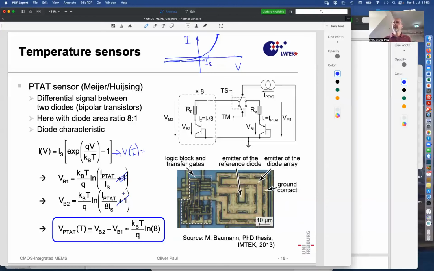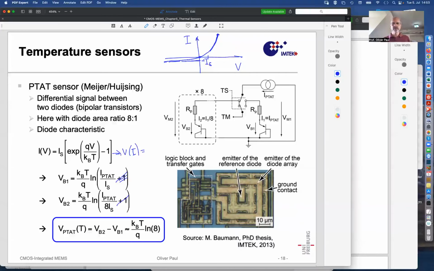It comes from a widespread design, where you see here an array of 3 by 3 diodes, transistors, but operated essentially as diodes. You have 8 around and 1 in the center.